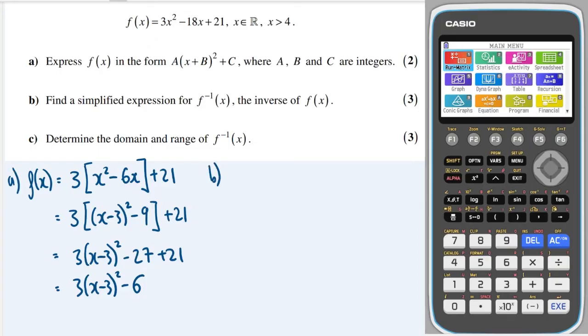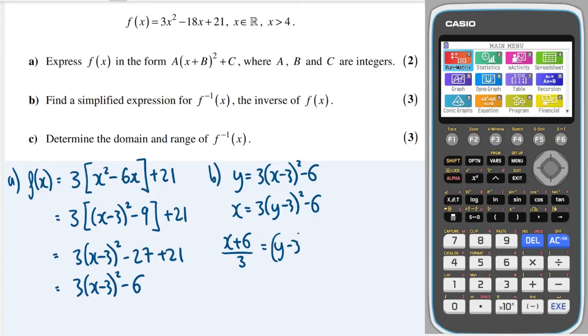Part B asks me to find a simplified version of the inverse function. Well, to do that, we set the function equal to y, and then we essentially reflect it in the line y equals x, which means we swap over the y's and the x's, and then we rearrange to make y the subject again. So I get x plus 6 and then divided by 3 is equal to y minus 3 squared.